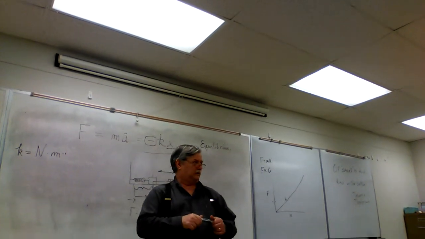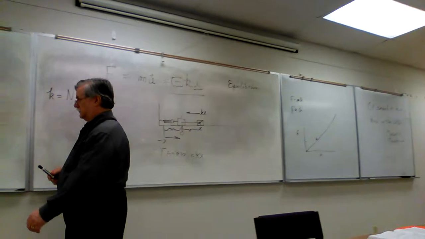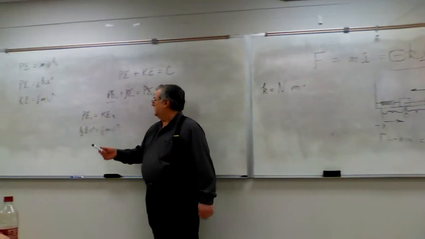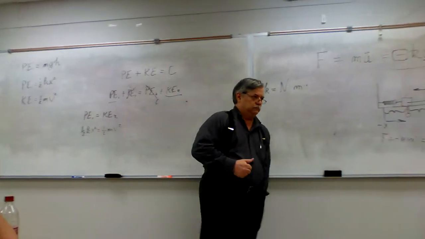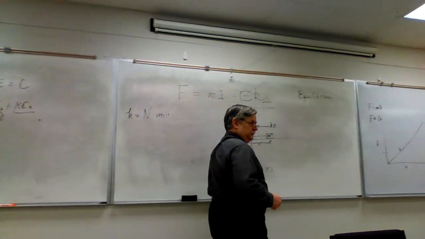Somebody, we've talked about this. If you do not know K and you do not know V, how do you find them?